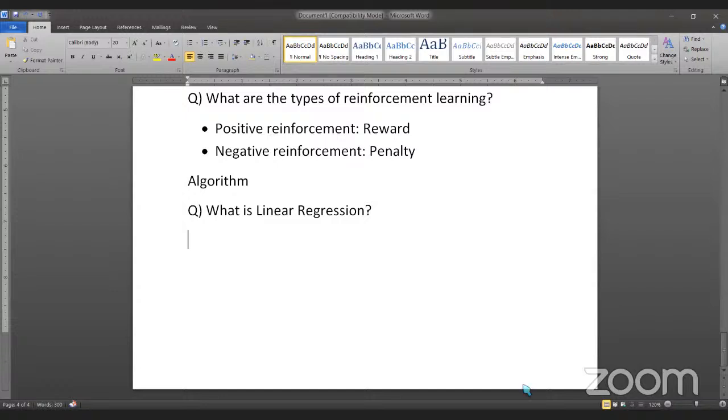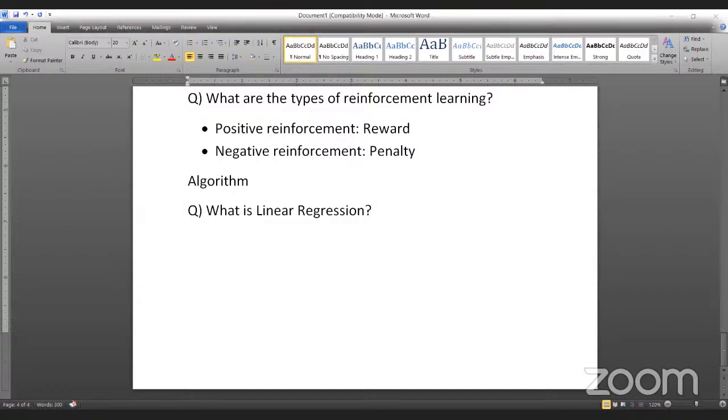Linear regression is a linear relationship between the dependent and the independent variables. The dependent variable is the output variable and the independent variables are the input variables. It is a supervised learning algorithm in which we find a linear relationship between these two variables.